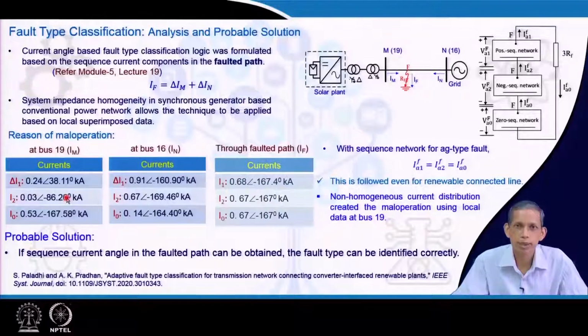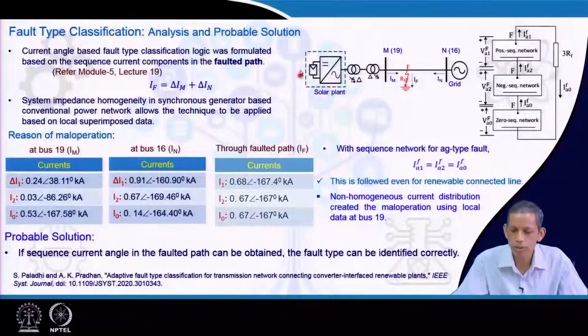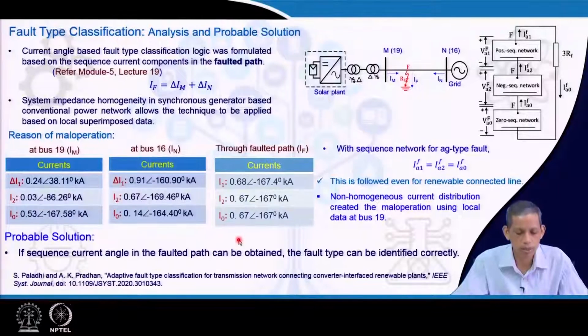That is the big difference between the synchronous machine based approach and the renewable resource based approach. This non homogeneity is introduced because of the equivalent impedance of the solar plant and its associated angle.